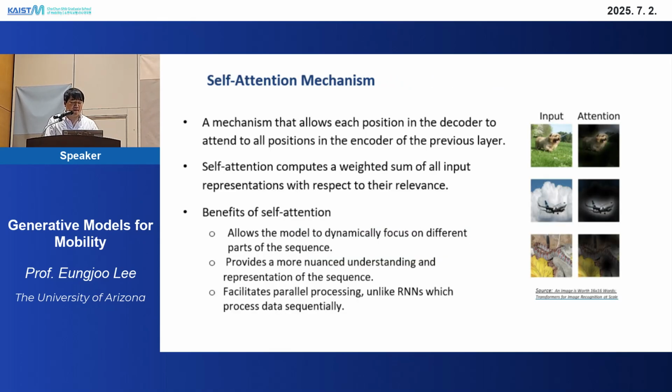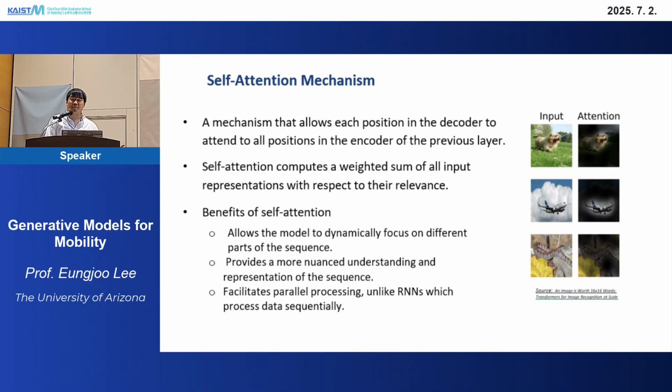And the key important part in a transformer would definitely be the self-attention mechanism. This mechanism allows each position in the decoder to attend to all positions in the decoder of previous layers. Briefly speaking, self-attention computes a weighted sum of all input representations with respect to their relevance. The benefit of self-attention is that it allows the model to dynamically focus on different parts of the sequences.